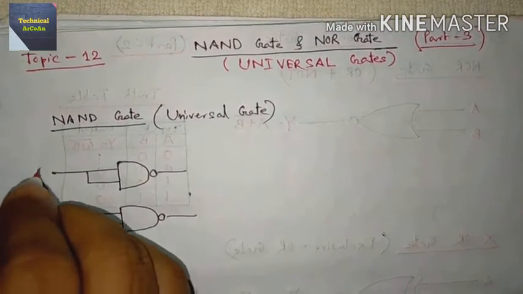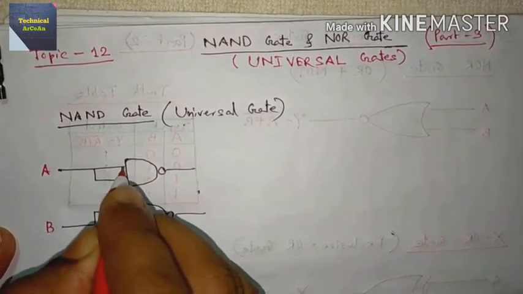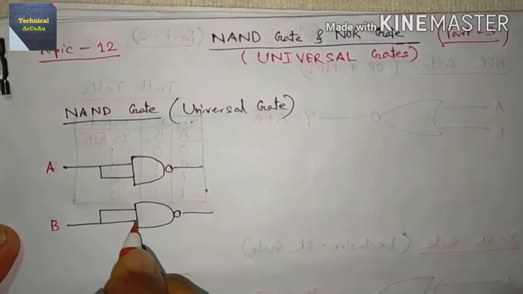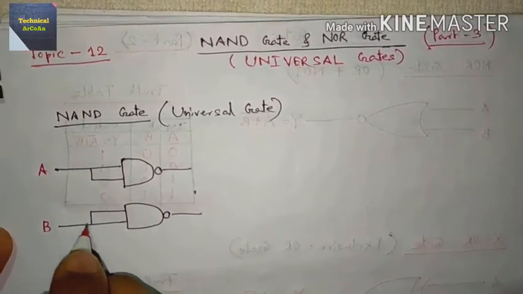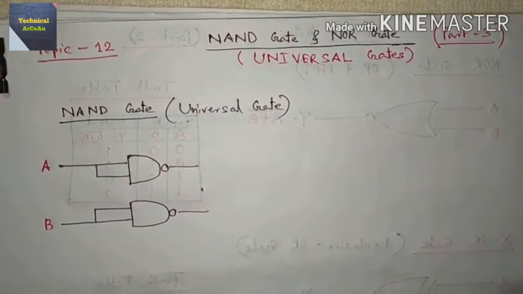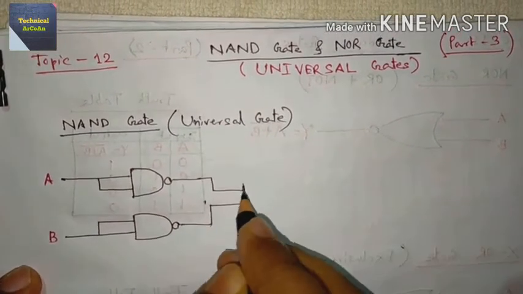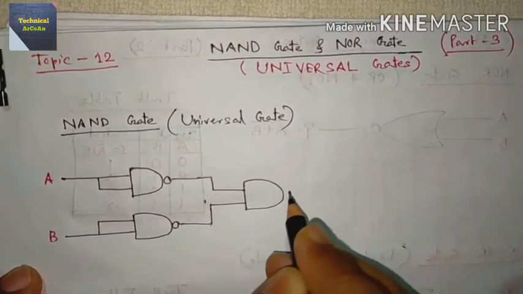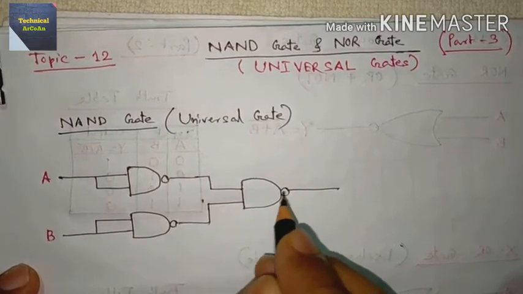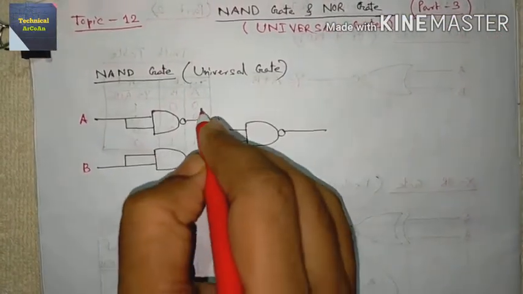Two inputs are taken, A and B, and both are shorted, meaning both inputs go to A. And also in the case of this NAND gate, we shorted this, meaning both inputs are B. Okay. And after that, draw another NAND gate as final.